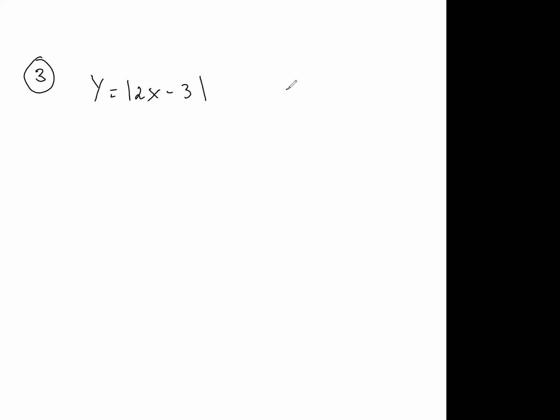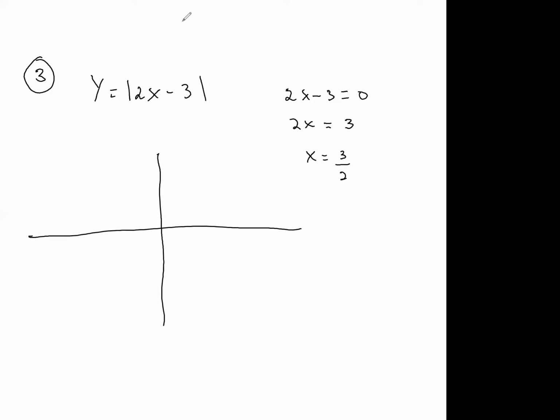I see that 2x minus 3 is equal 0. 2x is equal 3. x is equal 3/2. We have a translation. It's negative, so you move to the positive side. How many units? 1, 2, in the middle, 3.5.